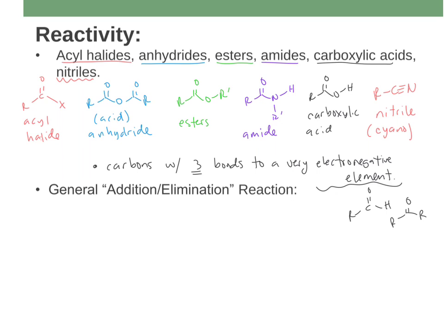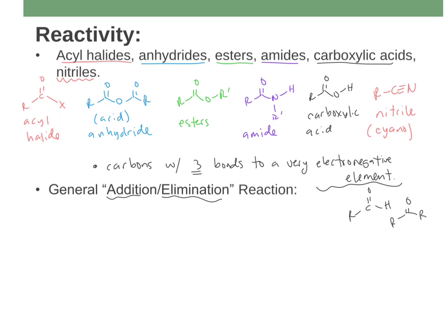So we're talking about inherently more oxidized functional groups. Now, while your aldehydes and ketones underwent addition reactions typically, where we had things attack them and they stuck and added, your carboxylic acid derivatives are all going to undergo what's called an addition-elimination reaction.